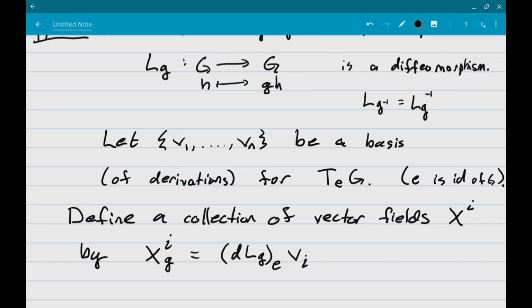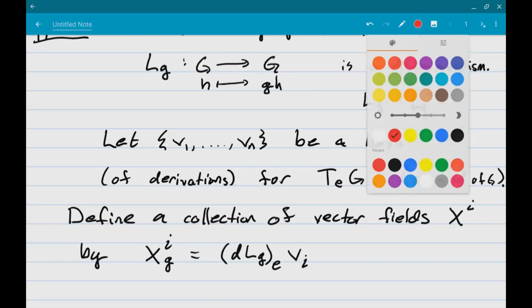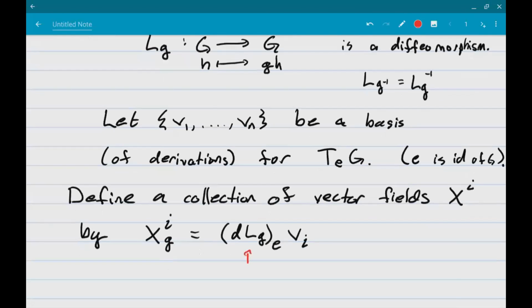This looks absolutely terrible, right? But this here, if I write it out, this is the differential of L_g at the point e, right?